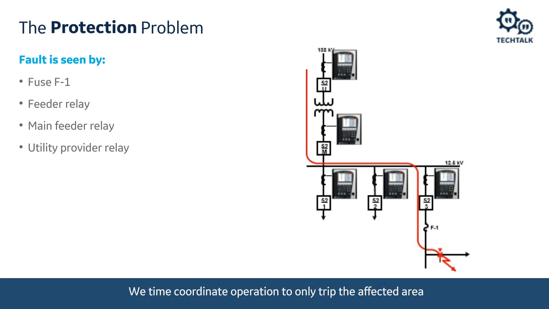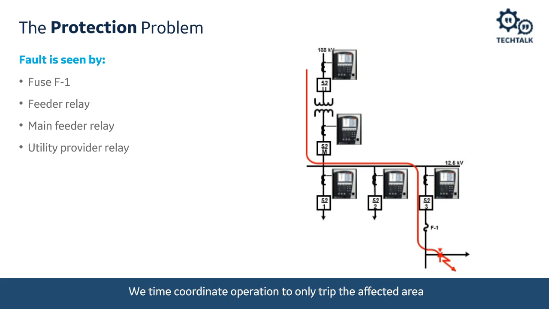The protective relay on 52.3, which we want to trip, is going to see the fault, but also the protective relay at the main circuit breaker, 52M, just below the transformer, is going to see the fault. And if we look through the transformer, there is also a 52U that will see the fault. So all of these relays will see the fault.